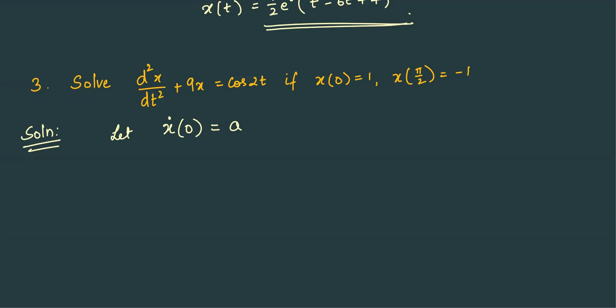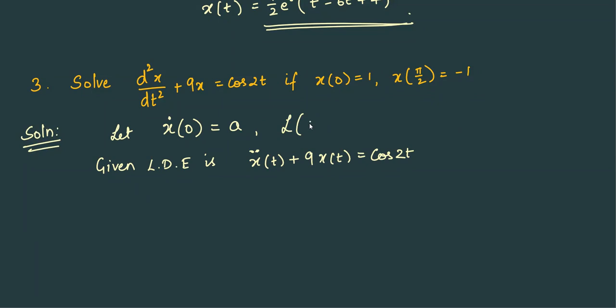So let's begin. Given LDE is just x double dot t plus 9x of t is equal to cos 2t. So let x dot 0 equal to a and Laplace transform of x of t be equal to x bar s.